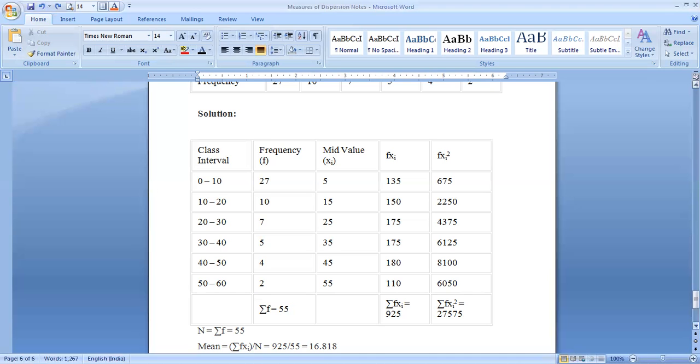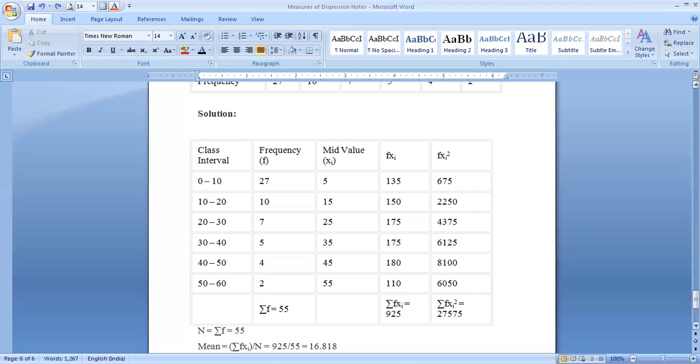The next column is made for the term fi xi square. This will be 675, 2250, 4375, 6125, 8100 and 6050. In this way a table is formed.